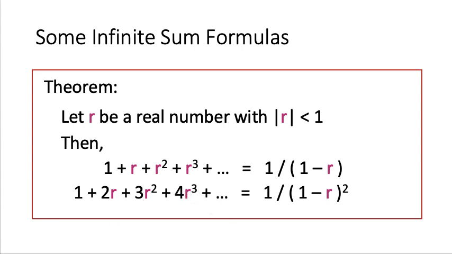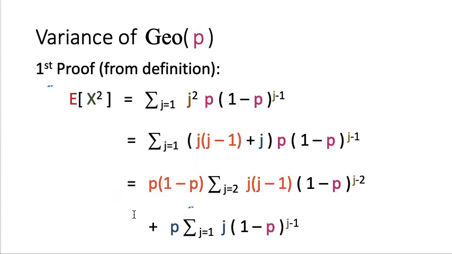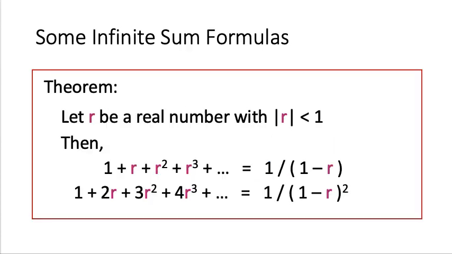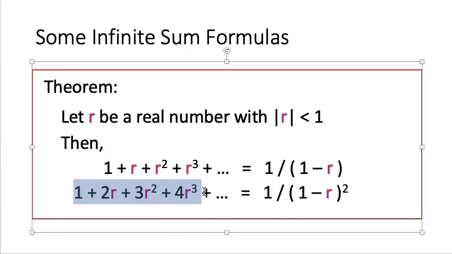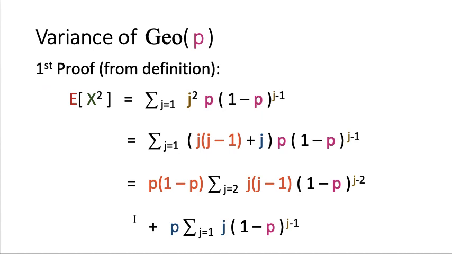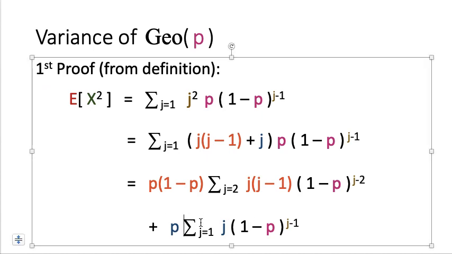If you compare this with the blue part, it is like j, and this is j minus 1. So the blue part here can be simplified by using the formula that we have studied before.